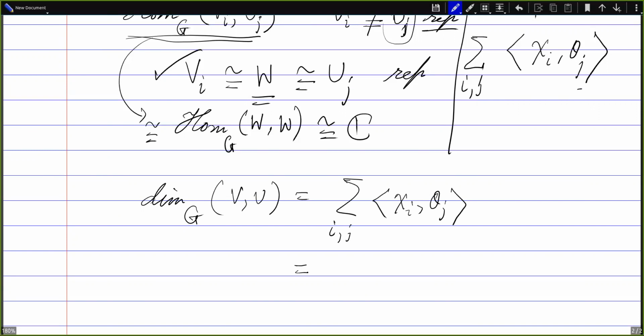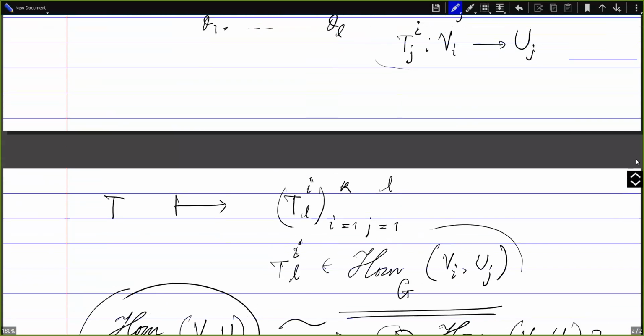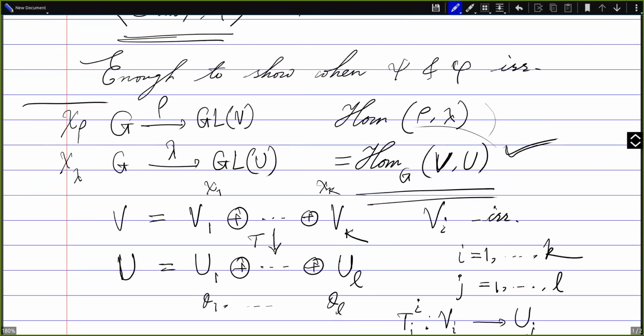Recall that chi_rho is the sum of the chi_i's, and chi_lambda is the sum of the theta_j. Therefore, from the linearity and conjugate linearity in the first and second variable of the inner product respectively, this is nothing but the inner product of chi_rho and chi_lambda.